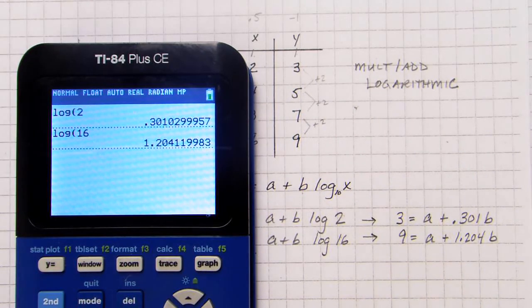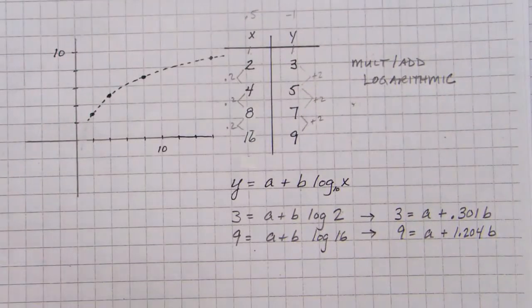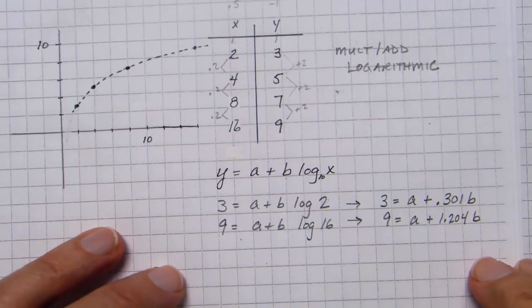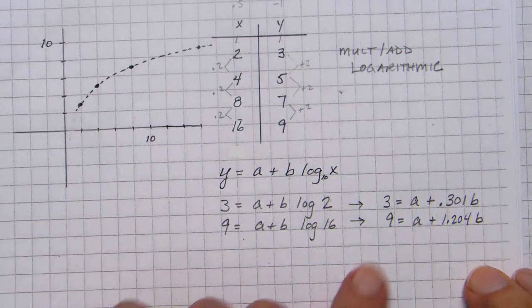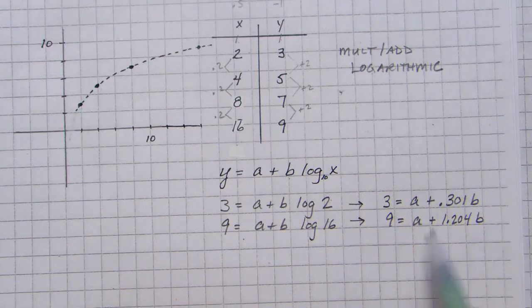Now you folks who are really good with number patterns might recognize that this number is 4 times as much as this number here, and it turns out that is no accident. That happens for a very, very good reason. But onward with the problem. Our task is to either eliminate the a or eliminate the b. So I'm just going to go ahead and do some subtraction.